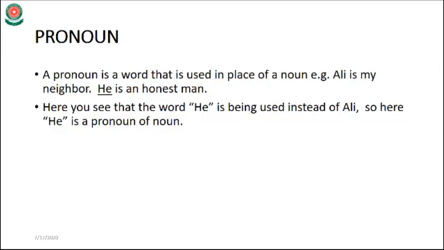We can use he instead of Ali. I hope that you understand the pronoun. This is very simple. You only need to keep in mind that we can use a pronoun instead of a noun.